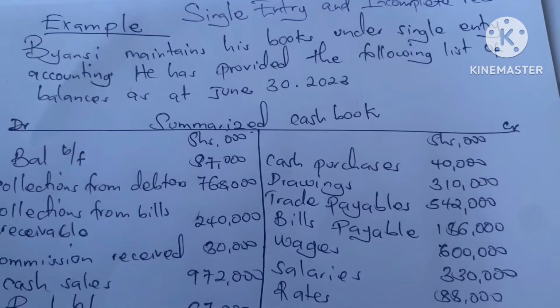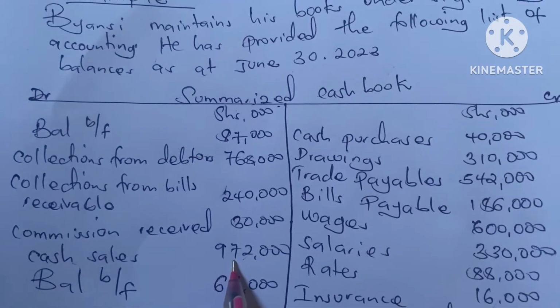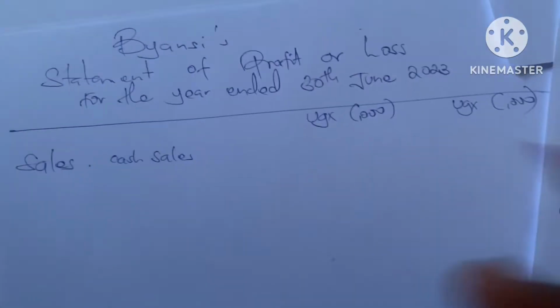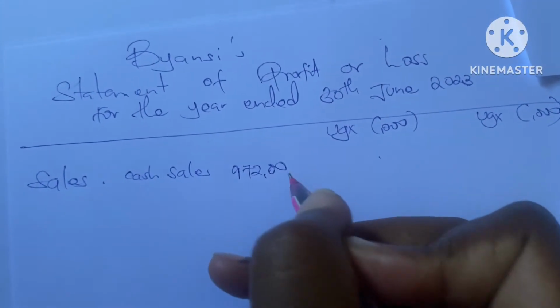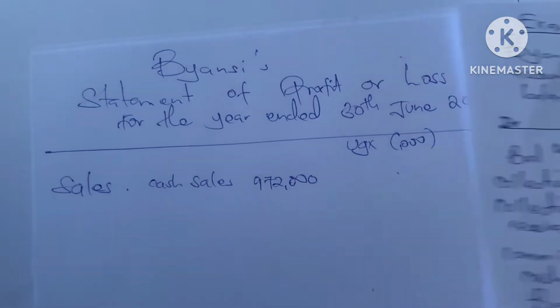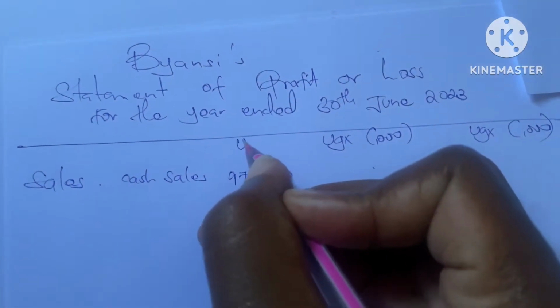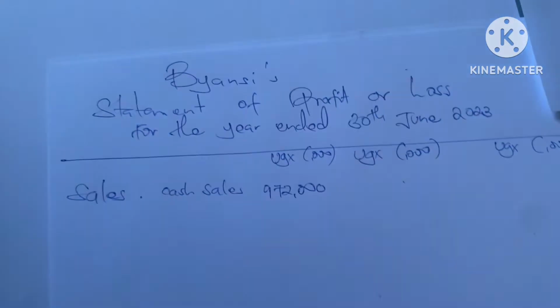Remember the formula for sales, it's cash sales plus credit sales. So this 972,000.